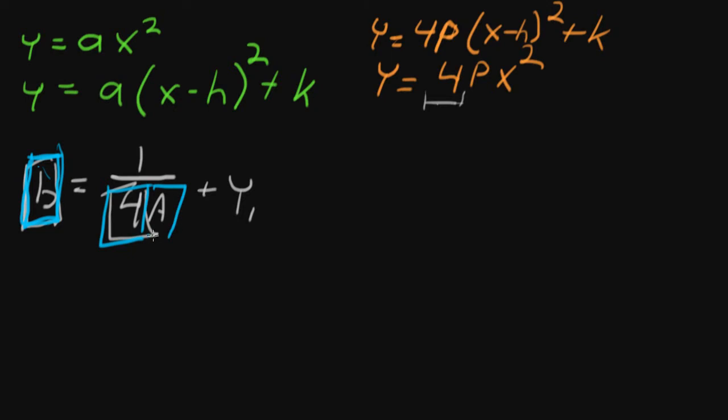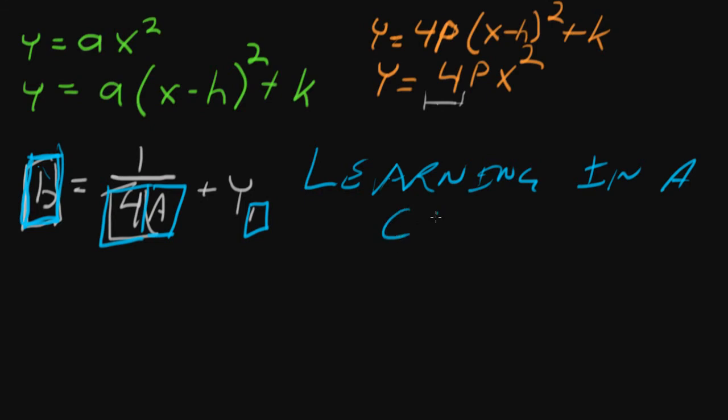Because you see, these little y1s, b, 4a versus 4p, small a versus big A, that actually can matter when you are learning in a class.